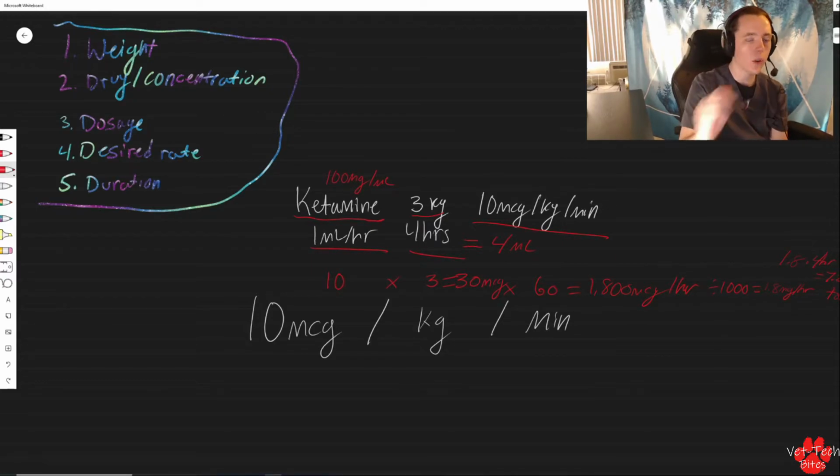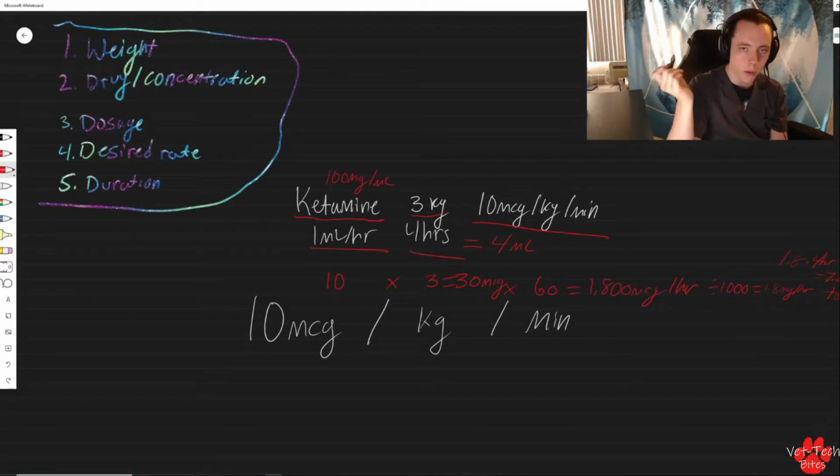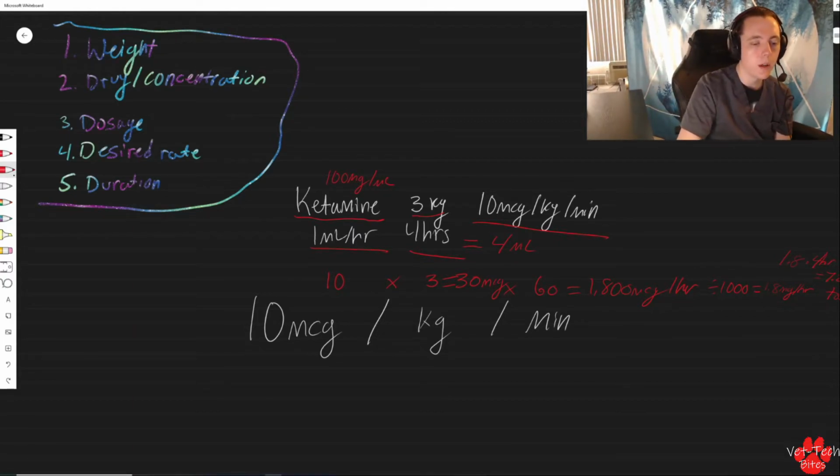So we know for our whole 4-hour CRI that we need 7.2 milligrams of ketamine. And since 7.2 divided by 100 is 0.072 mls total.